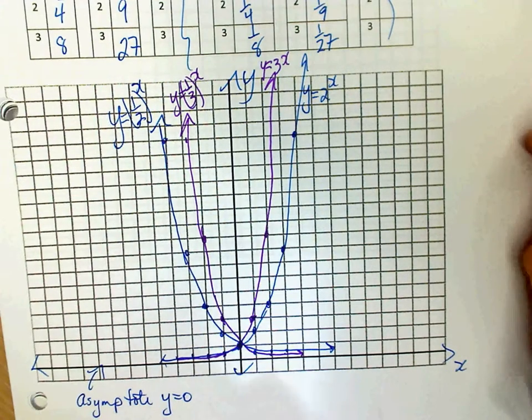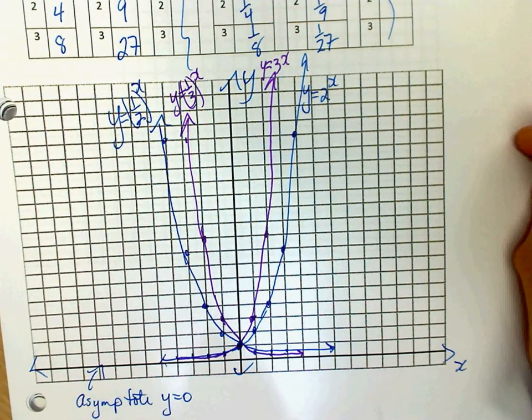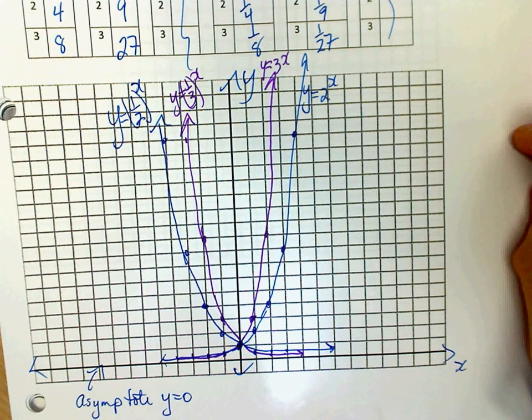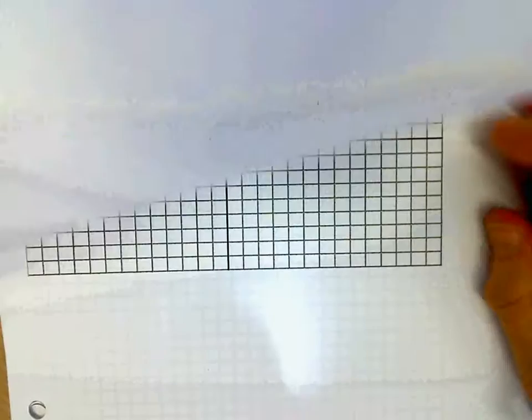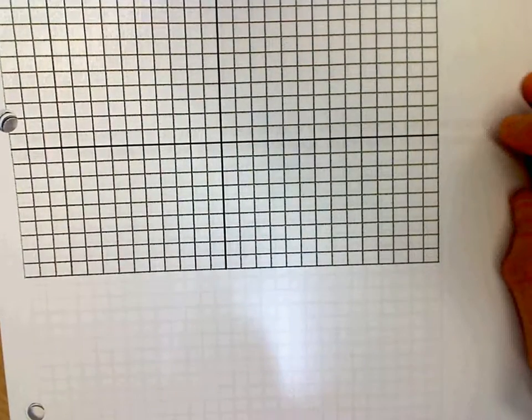Okay, so let's do a series of transformations. I'll do an example with mapping, and then we'll call it a day, and I can tell you your mark.